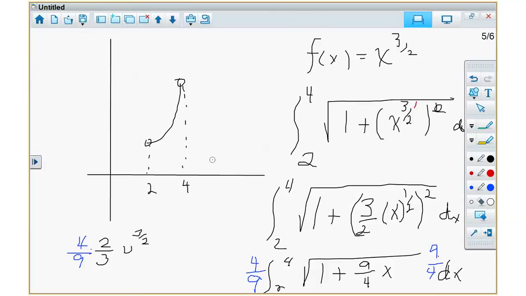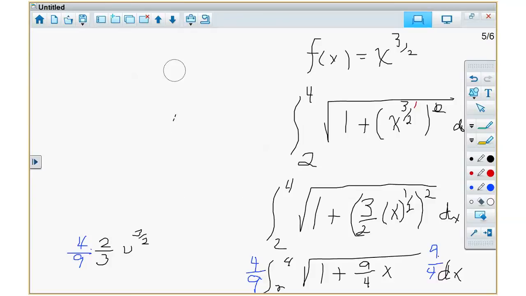So let me go up here and do that. So I've got the 4/9 times 2/3 times 1 plus 9/4 x raised to the 3/2, evaluated at 2 and 4.